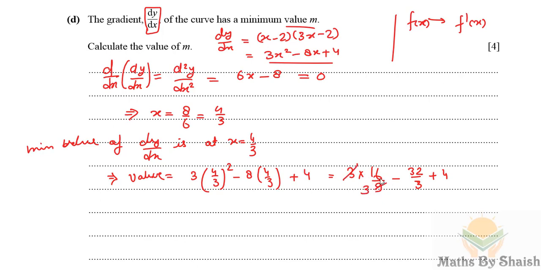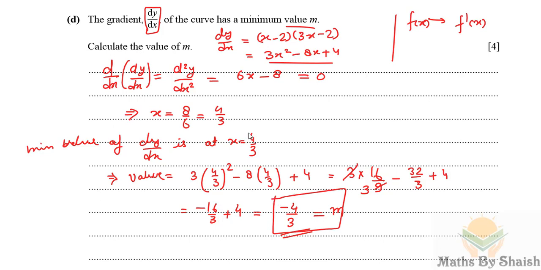It is 16 over 3 minus 32 over 3, which is minus 16 over 3, plus 4. 3 4s are 12, minus 16 is minus 4 over 3, and that's the minimum value of dy over dx. And since the minimum value is given as m, m is minus 4 by 3.